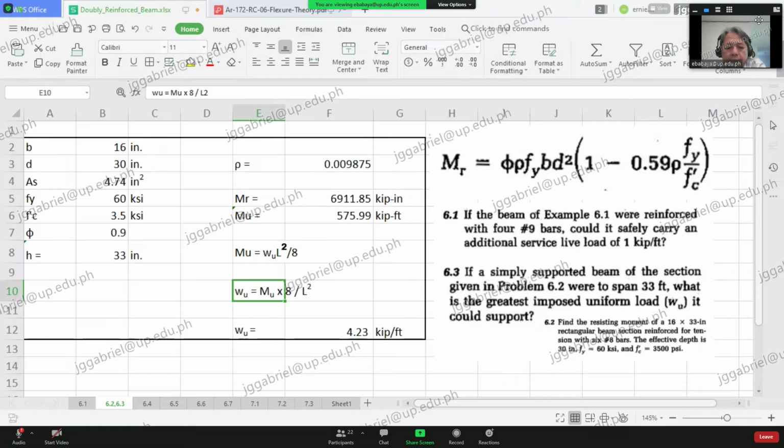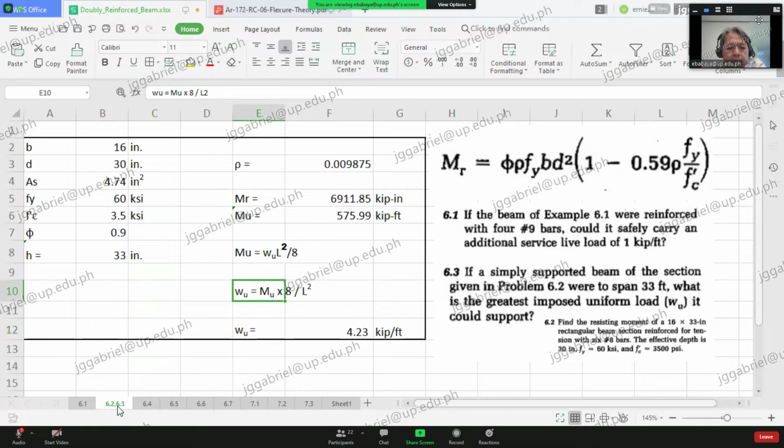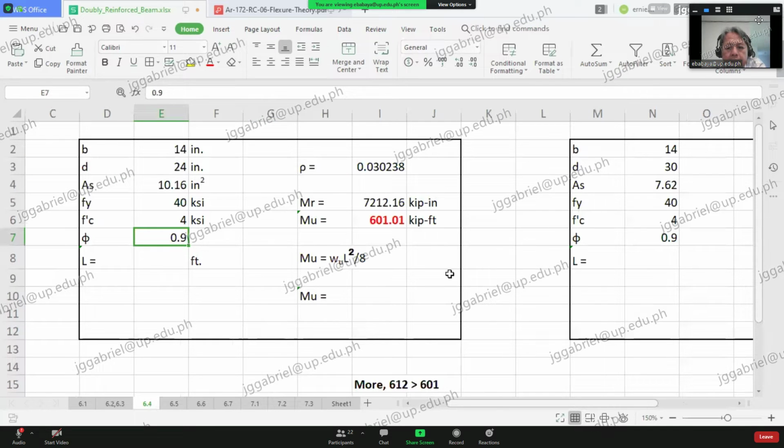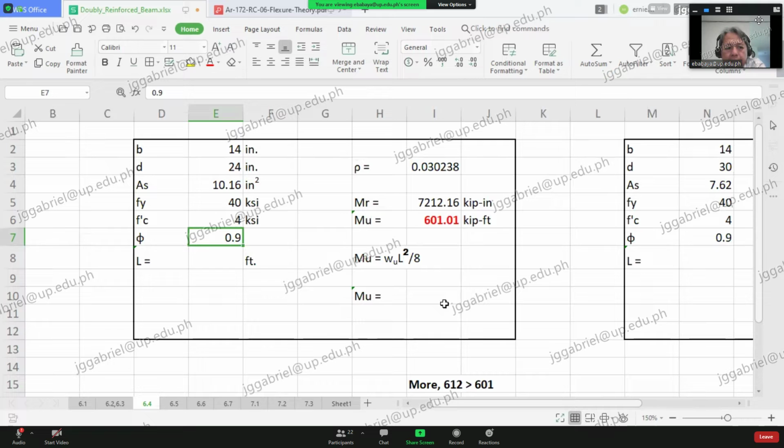So let's go back to the Excel file. Now, 6.3 is done. Now, we proceed to 6.4. Oh, the problem is not written here.